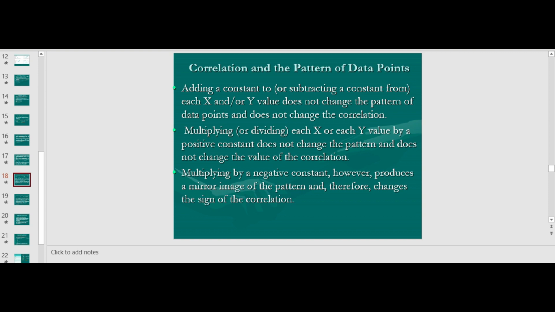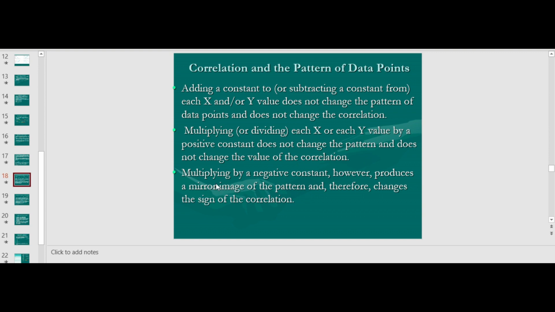In the same way, adding a constant or subtracting a constant value from each value of y simply shifts the pattern up or down, but does not change the pattern, and therefore does not change the correlation.